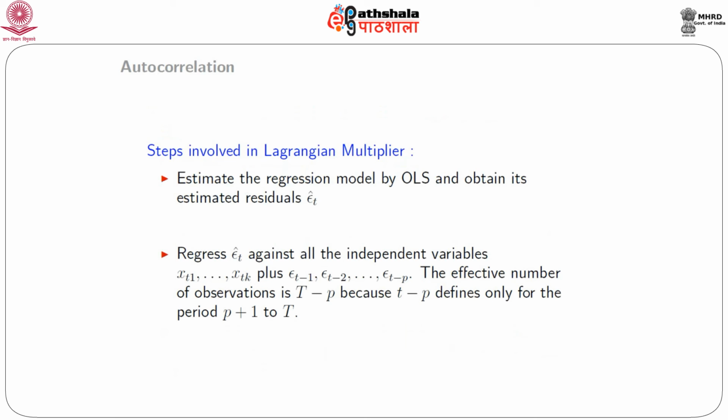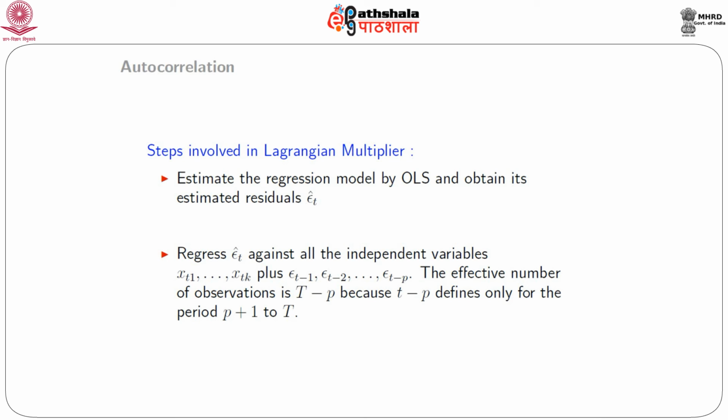The steps involved in the Lagrangian multiplier test for higher order autocorrelation are somewhat the same as before, with only slight changes made to the test statistic and the degrees of freedom of its distribution. Here again we estimate the regression model by OLS and obtain its estimated residuals, and we regress the residual epsilon t hat against all independent variables plus epsilon t minus 1, epsilon t minus 2, ..., epsilon t minus p.